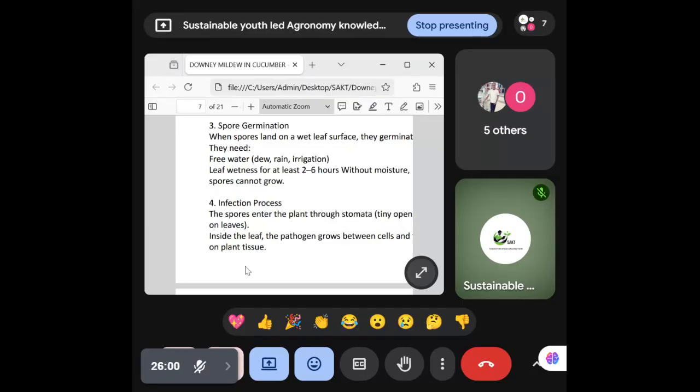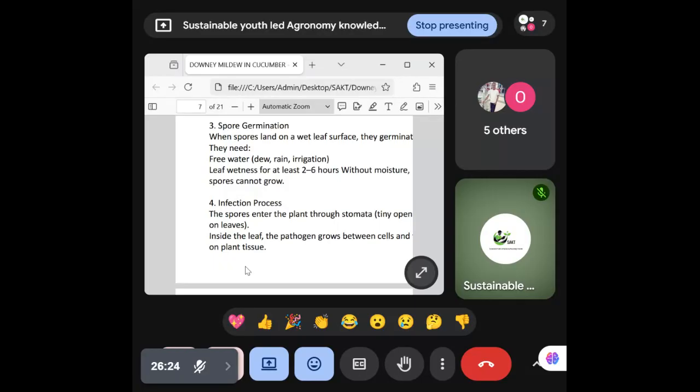So there are some varieties that are kind of tolerant to it. Some will take 12 hours, but for some, especially special hybrids, a maximum of 6 hours. Once you have this wetness on your leaf for about 6 hours and your temperature is below 25 degrees, the spores will grow.